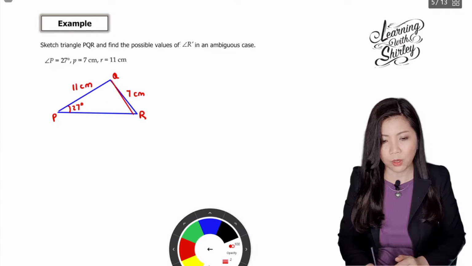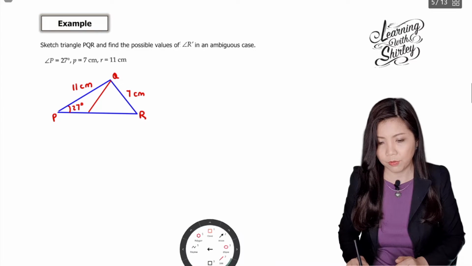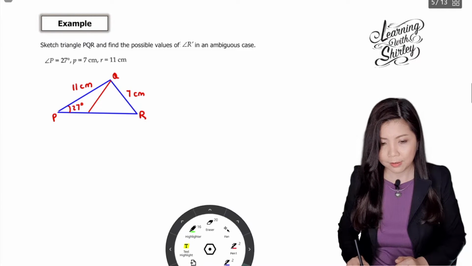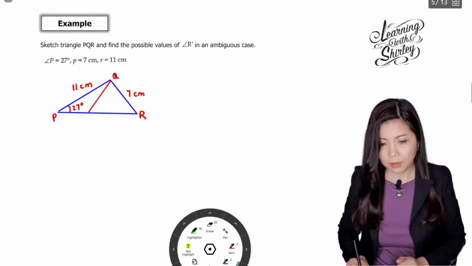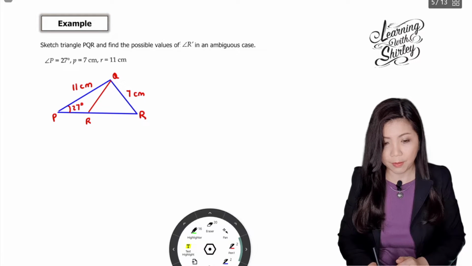From here, you just swing over to here, so you form a curve. Here will be my R prime, so I'm going to write R prime. This is the angle of R prime, this is the angle of R, and this length is the same as here.